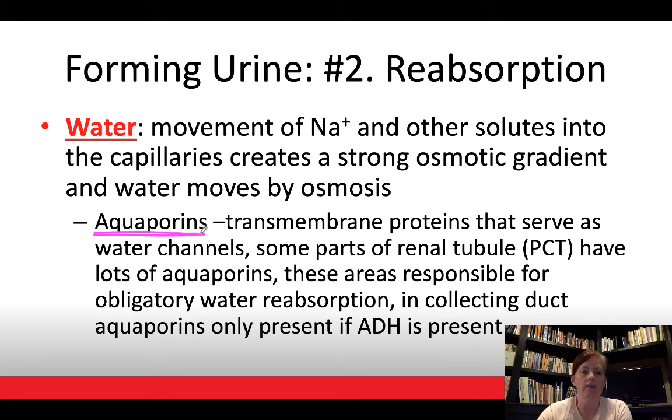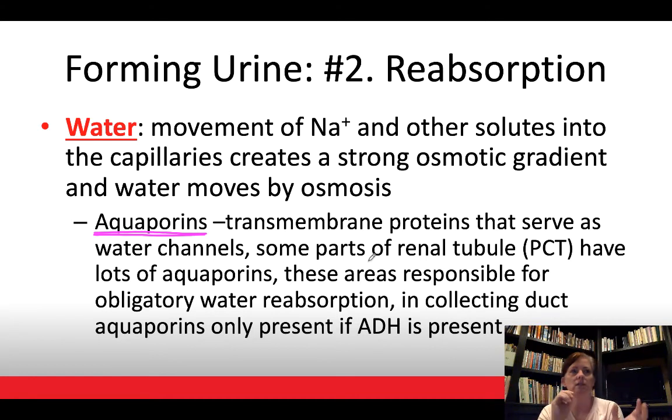They allow water to move across the apical and basolateral membranes. Some parts of the tubule have a lot of aquaporins, so they are responsible for water reabsorption all the time, and we call that obligatory water reabsorption. They have to absorb that water. They have aquaporins that are there all the time.